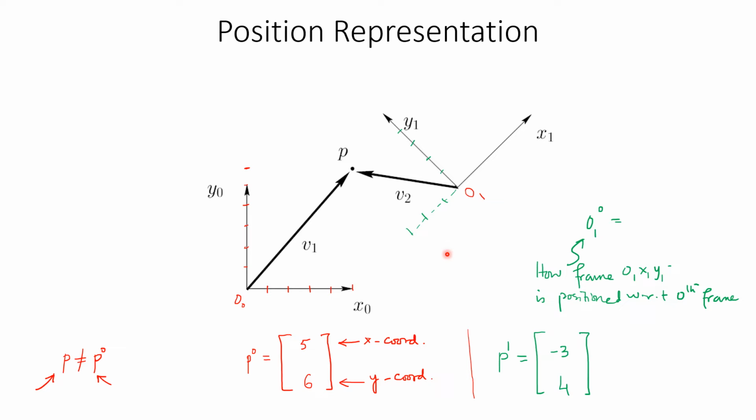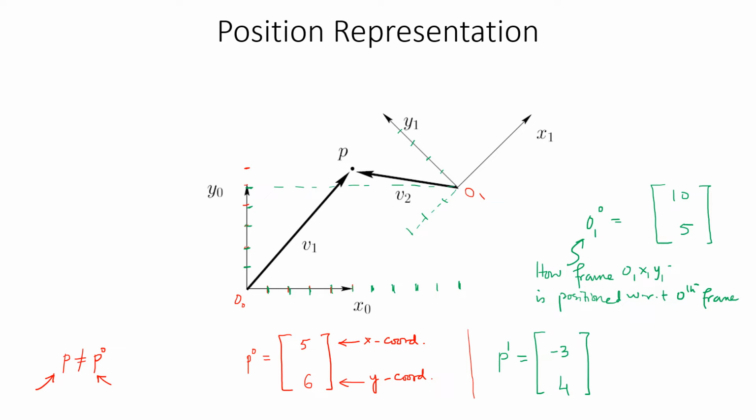With respect to frame 0, let me indicate that if I go along the x0 direction 1, 2, 3, 4, 5, 6, 7, 8, 9, and possibly 10 units, and if I go 1, 2, 3, 4, and possibly 5 units along the y0 direction, that would be how the origin of frame 1 is oriented with respect to the 0th frame.